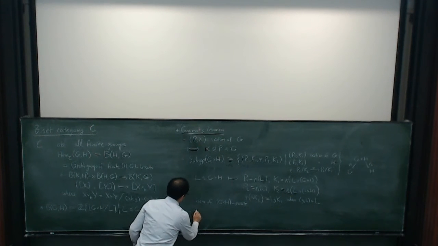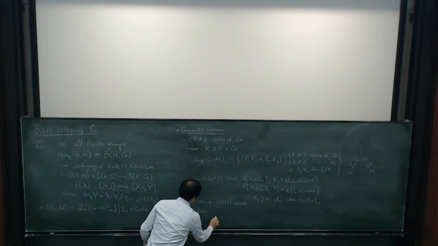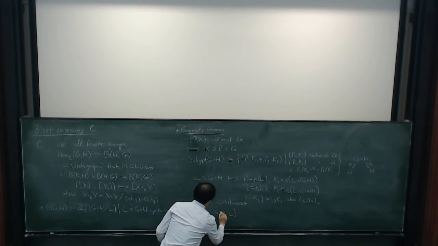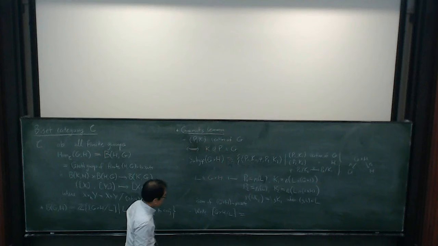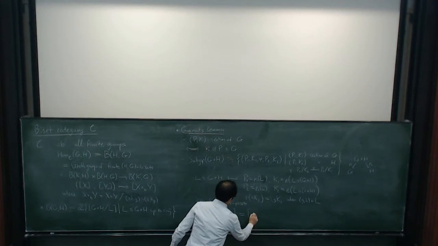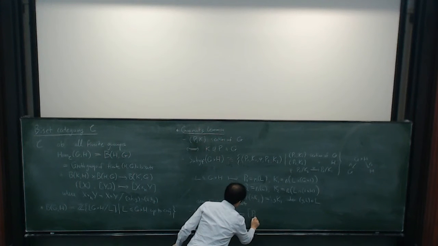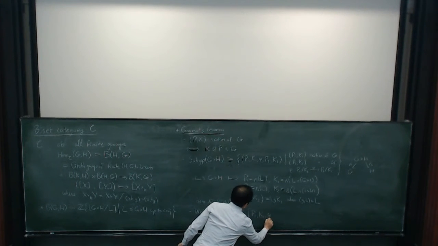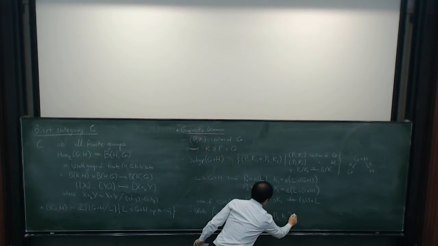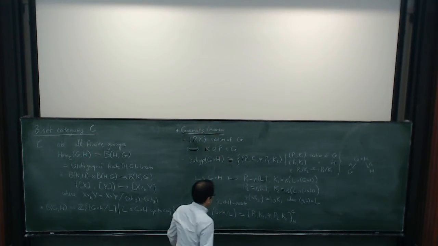Later we'll just write the isomorphism class of this transitive G cross H set as the bracket of the corresponding quintuples. And this goes from H to G, so let's write it this way.